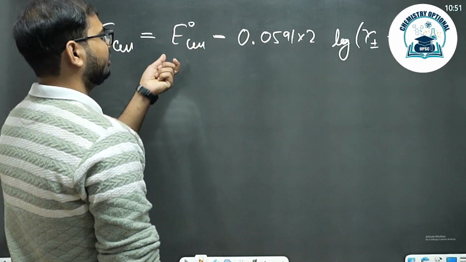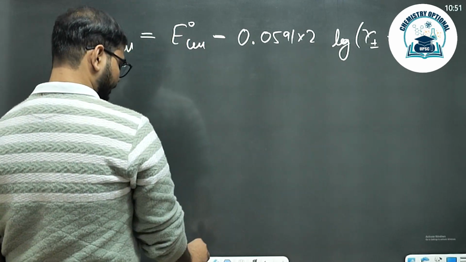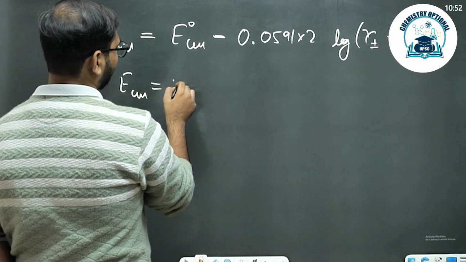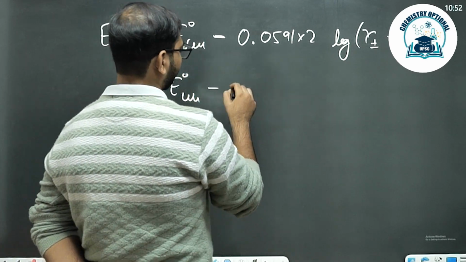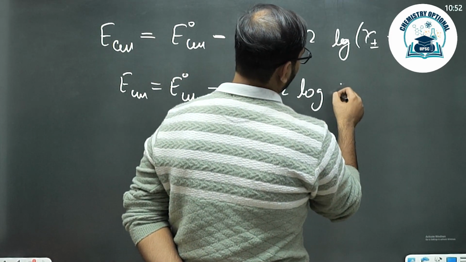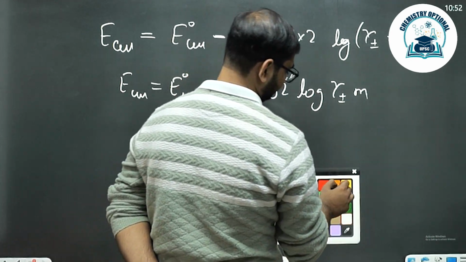E of cell and E naught of cell can both be provided. So putting in the values, the EMF of the cell and the mean ionic activity coefficient that you find will be given by 0.1182 log of mean ionic activity coefficient multiplied by concentration.